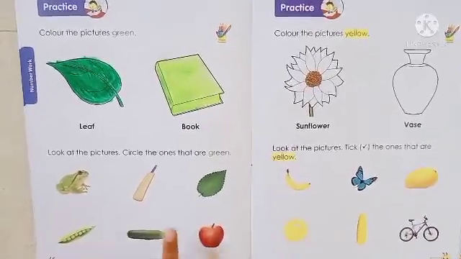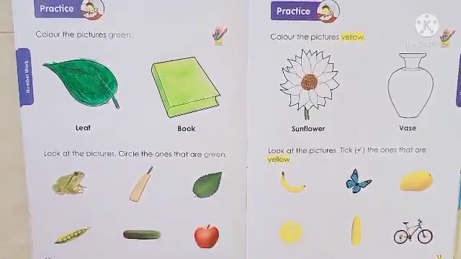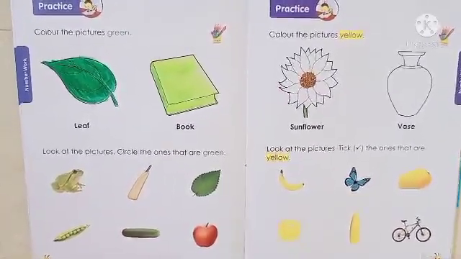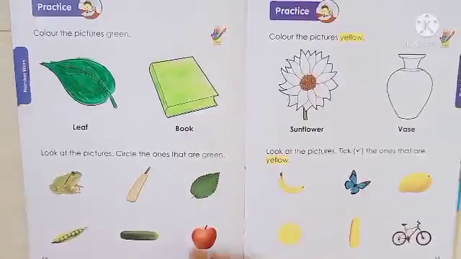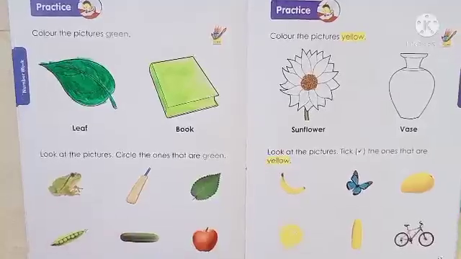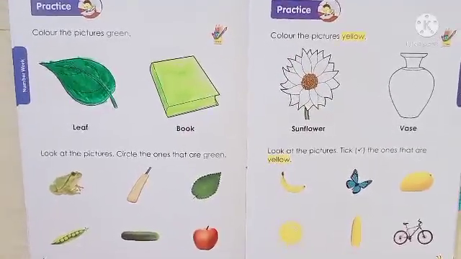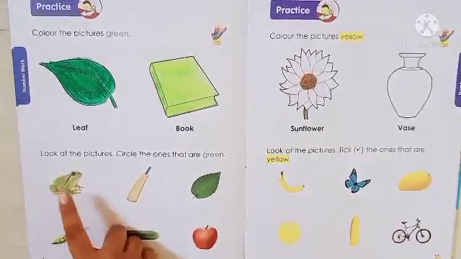Moving on to the next activity, there are few pictures given there. Now, out of these, we need to identify the green colored images and then circle it. Let's look the images that are green in color. What is the first image that you can see?